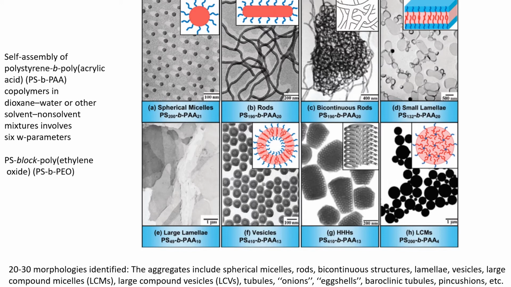He emphasized the importance of the repulsion between the chains of the corona, which creates some interfacial forces that determine the shape of the aggregate and the curvature on the surface.